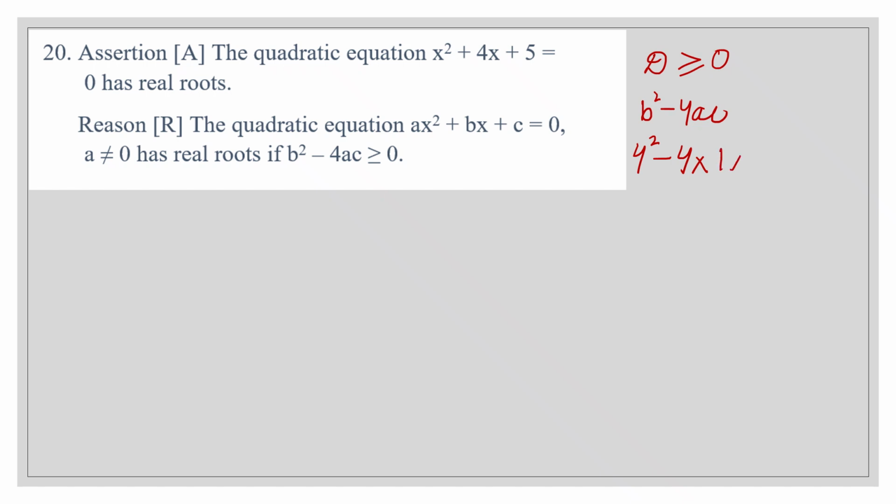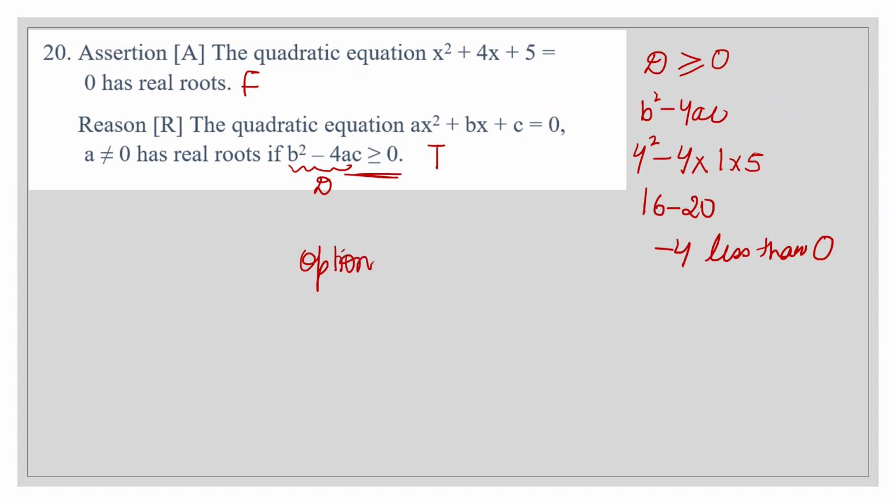A is 1, C is 5, 16 minus 20. This is giving you negative 4, which is less than 0. So this is false. If b square minus 4ac is greater than equal to 0, this is true. B square minus 4ac is D. So assertion is false, reason is true. Option D.